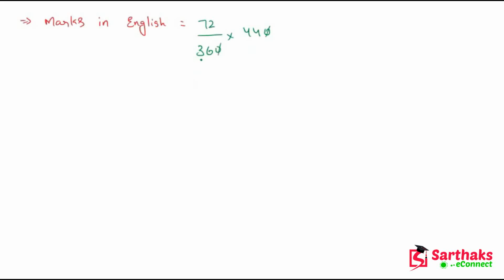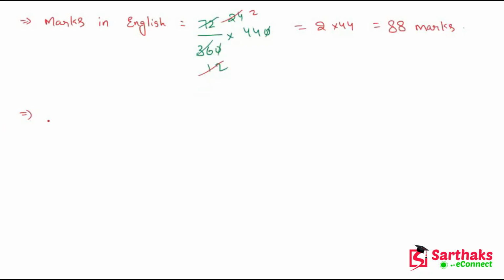We can divide 72 by 3 in 24 times, and we can divide 360 by 3 in 12 times. Okay, and we can divide 24 by 12 in 2 times. So here we have 2 into 44. After solving this, we get 88. So the marks in English is 88 marks.